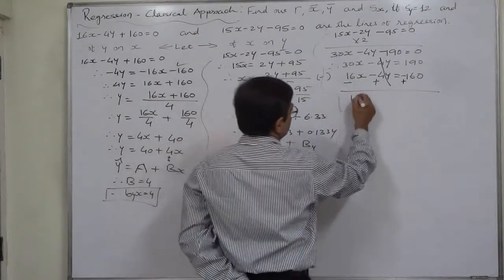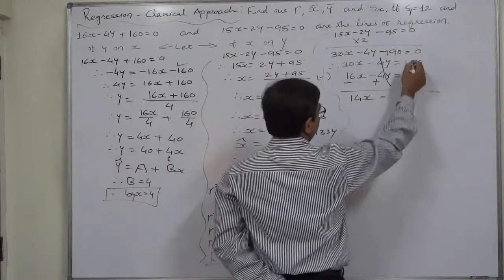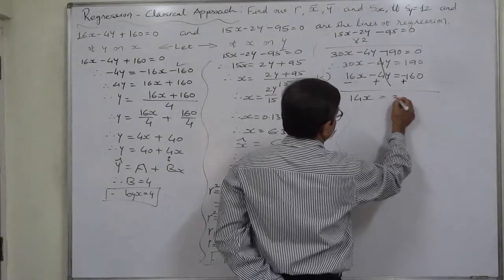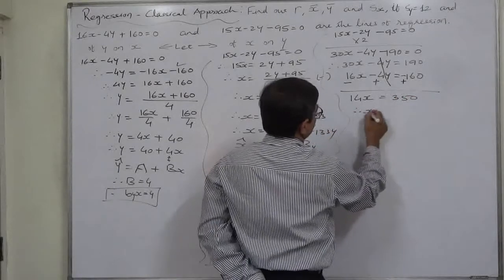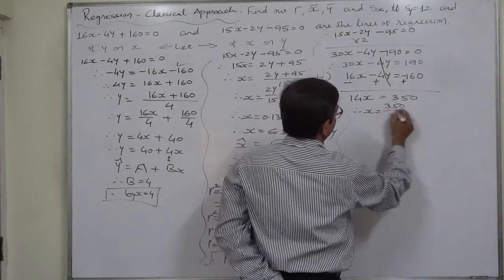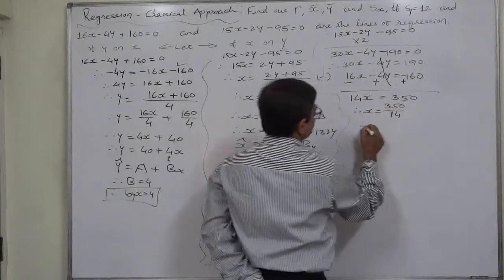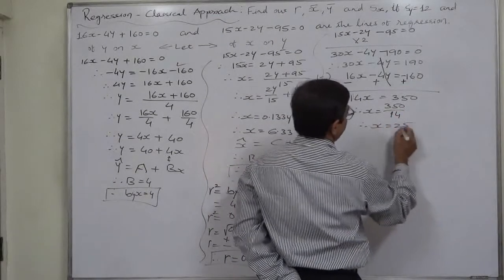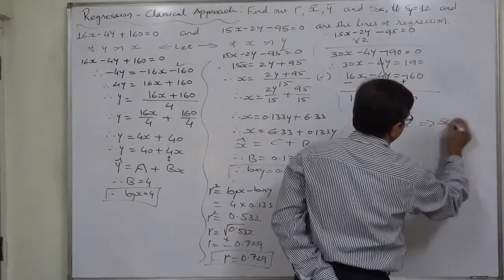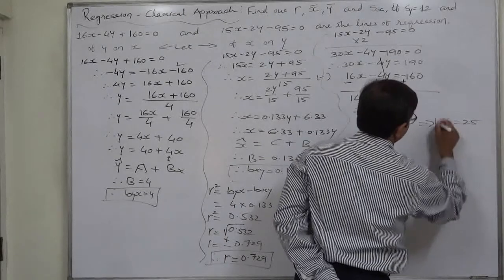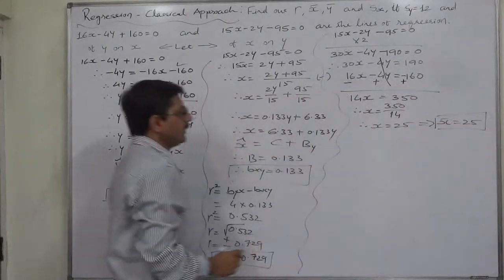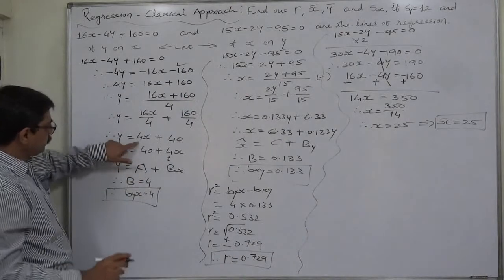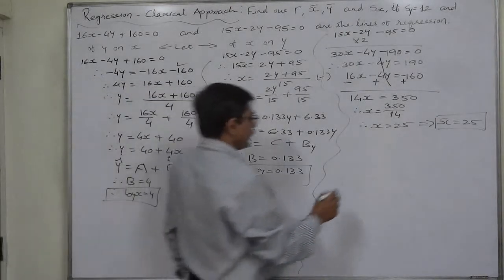30 minus 16 is 14x. 190 plus 160 is 350. So x equals 350 divided by 14. So x is 25, and that means x bar, or mean of x, is 25. Now we have y equals 4x plus 40, or 40 plus 4x.